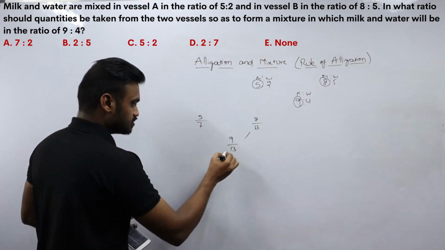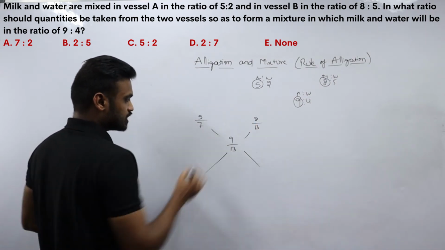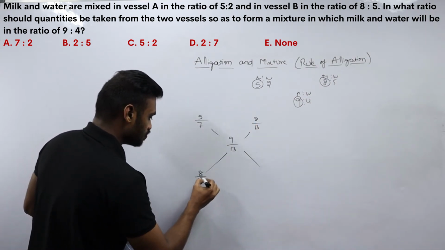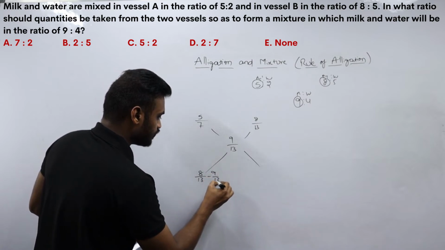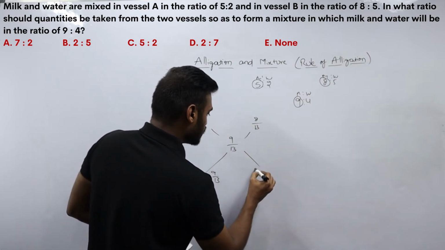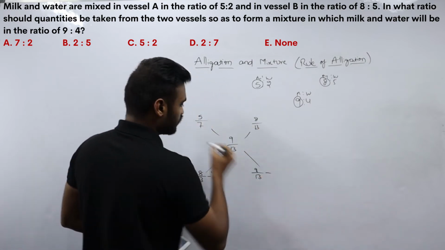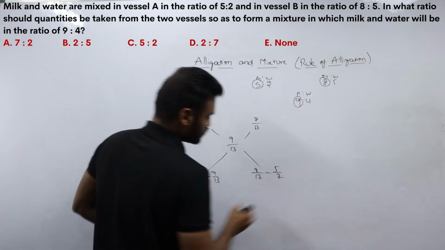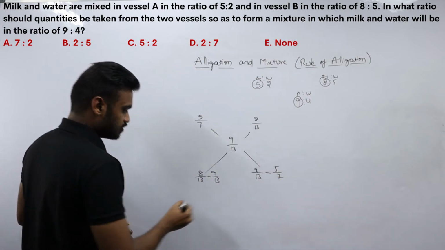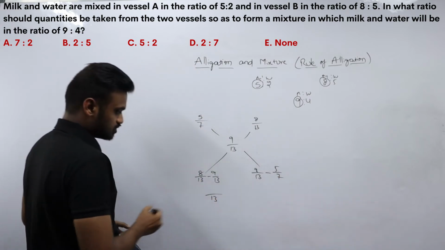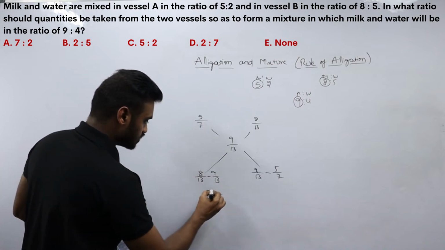So I will get 8 by 13 minus 9 by 13, and also 9 by 13 minus 5 by 7. The LCM is 13 in the first, and 8 minus 9 is minus 1.